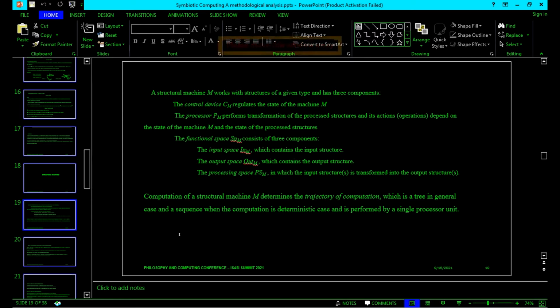And it represents in some sense a memory, but in some sense an extended memory. And computation of a structural machine determines the trajectory of computation, which is a tree in a general case, and a sequence when computation is deterministic.